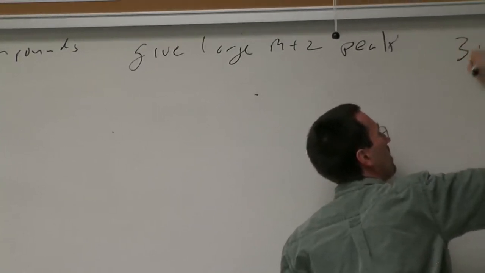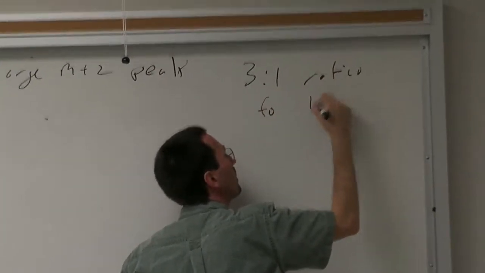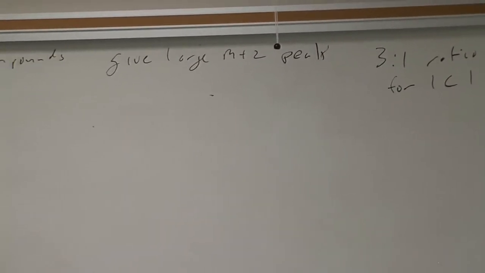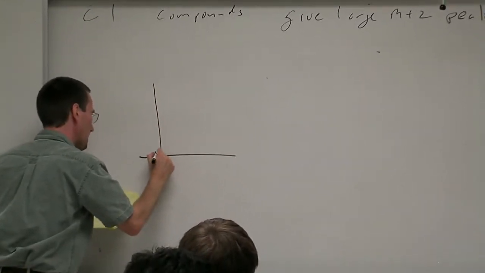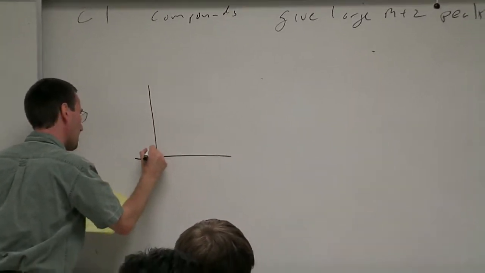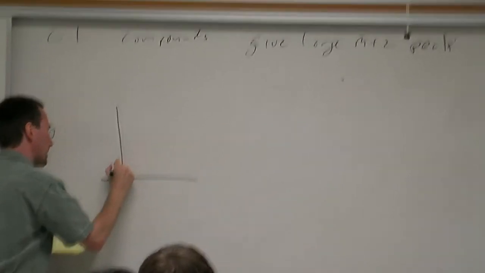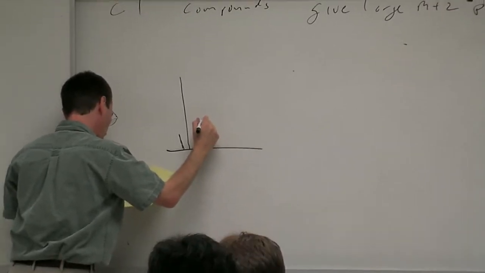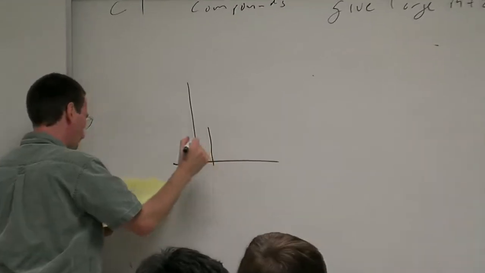So 3-to-1 ratio, roughly, for one chlorine. So let me sketch out another mass spec. And we'll start here. And I'll try my best to give you the relative intensities and to represent them with some accuracy here. All right.